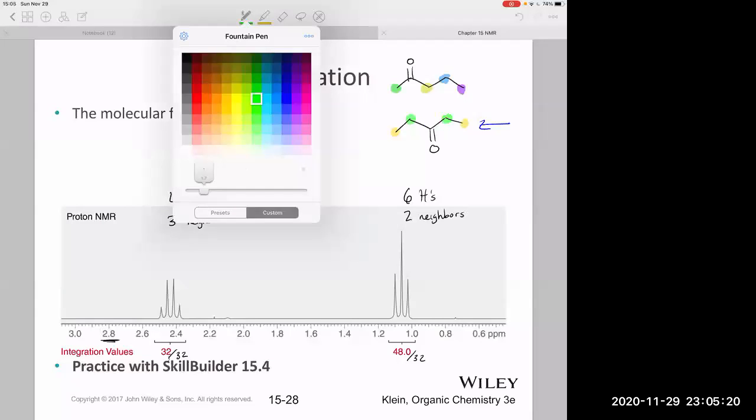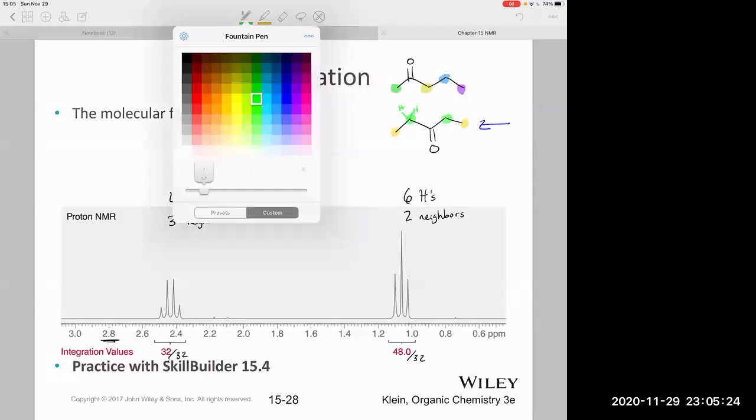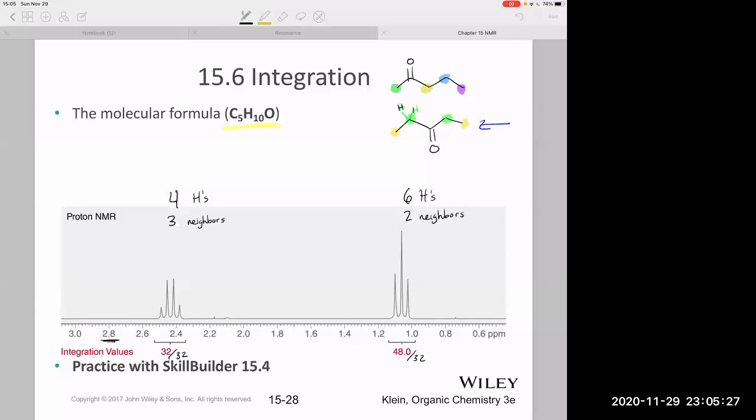Let's just make sure that this works out logically by filling in the hydrogens at each of these positions, making sure my splitting works. So this group of 3 hydrogens here, which is equivalent to this group of 3 hydrogens here, both of these have only 2 next door neighbors, so I would expect a triplet. So that corresponds to that set of peaks there.